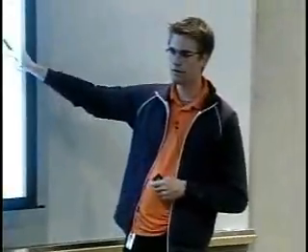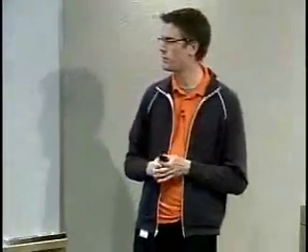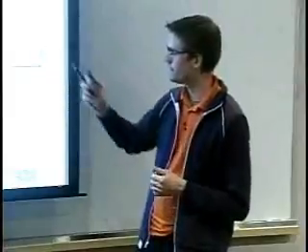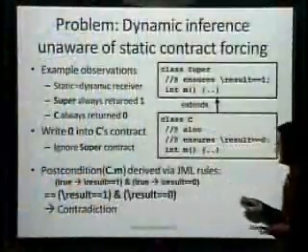And for C, without really caring about that, there might be some specification for super already. So that creates a problem because with the rewrite rules we just saw, we get a postcondition for C, which essentially says that the result has to be 1 and 0 at the same time.